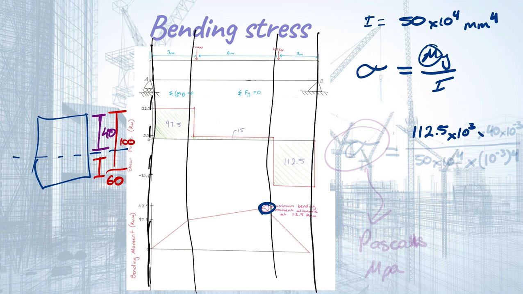So we're going to go times 40 times 10 to the negative 3, which will get us into metres, over our I value. So we want to convert this into metres to the fourth. So 50 times 10 to the 4, times 10 to the negative 3, to the power of 4.